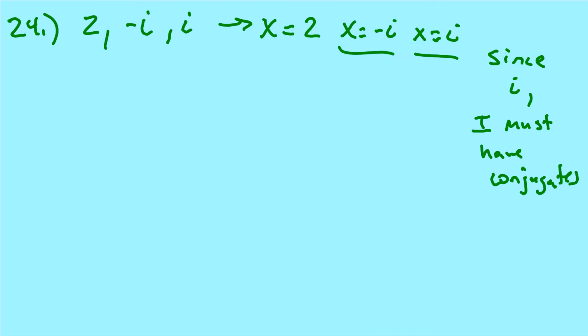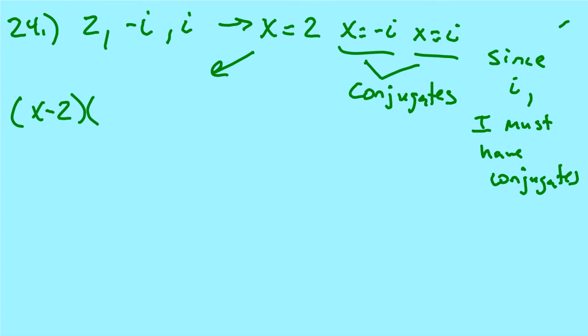But i and negative i are conjugates, so I don't have to do any more work. I'm going to put my parentheses back in. So this line is going to turn into x minus 2, x plus i, because remember I changed the sign, and x minus i, because I changed the sign.